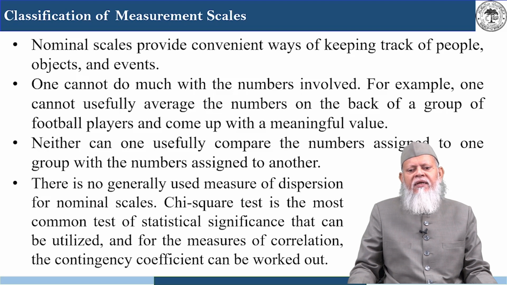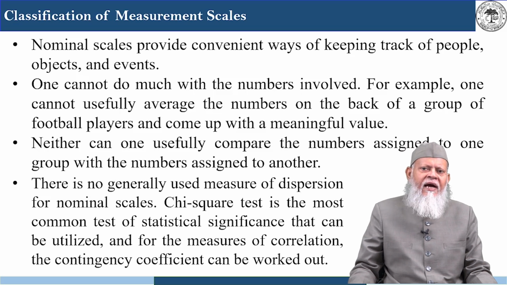Neither can one usefully compare the numbers assigned to one group with numbers assigned to another. We have seen football matches. In those matches, the numbers are there 1 to 11 because there are 11 players from one side.